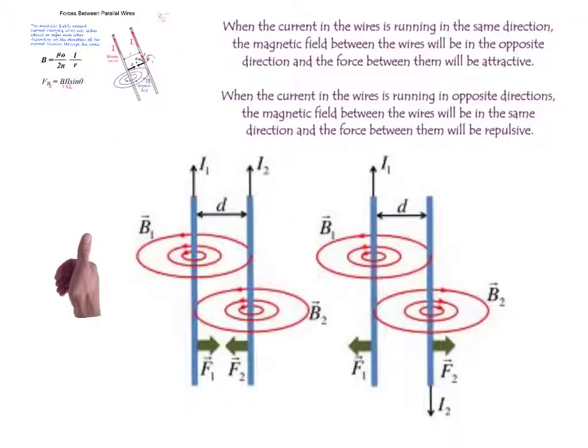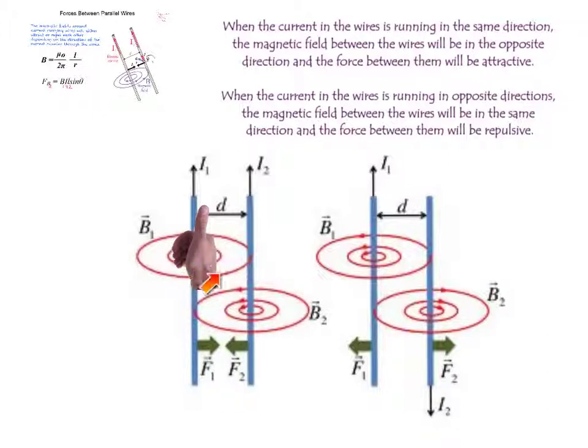Okay, so here we have two sets of two parallel wires. On the left-hand side over here, we've got two wires where the current is in the same direction. On the right-hand side, we've got current traveling in opposite directions. Now, if we look at the right-hand rule for each of these situations, we see that on the left-hand wire over here, when that current is traveling through it, the magnetic field that's set up will be going into the page in that space between those two wires.